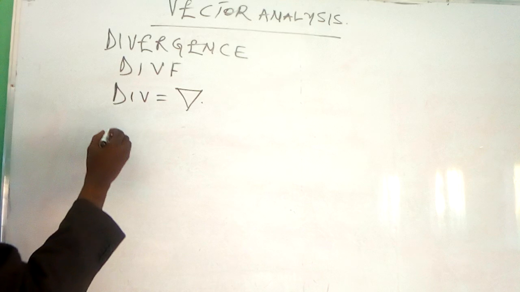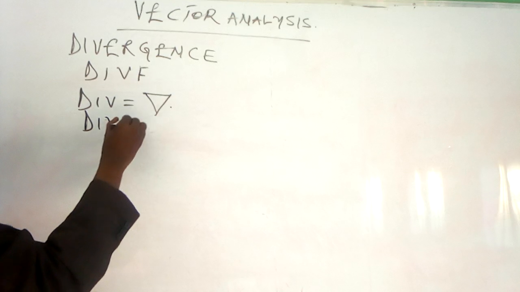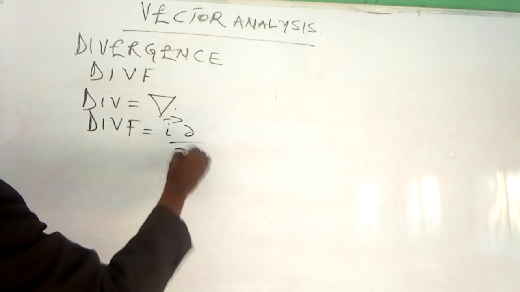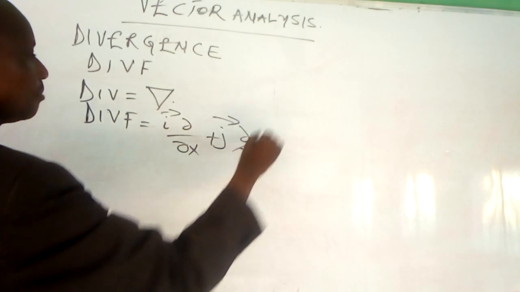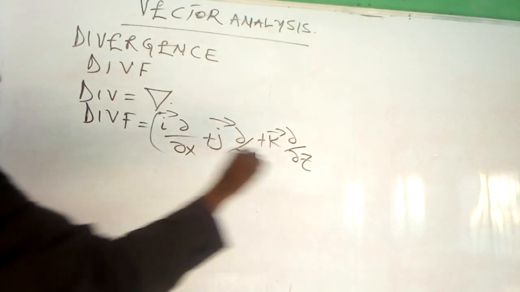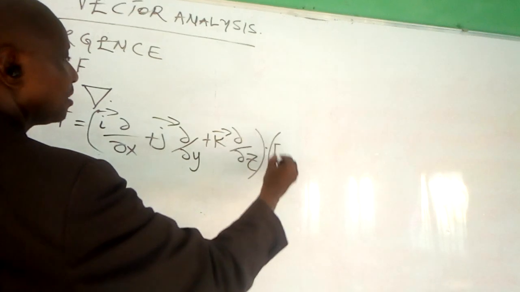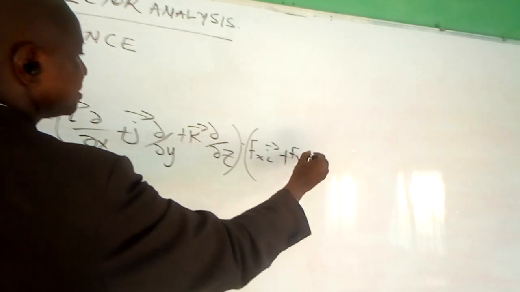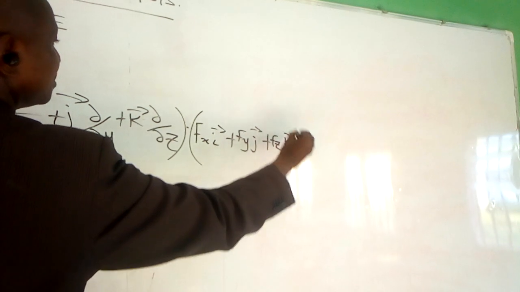By implication, if you are expected to look at div F, divergence of F, this gives us i direction partial with respect to x, plus j direction partial with respect to y, plus k direction partial with respect to z, a dot product with the function F: F along the x-axis, i direction, F along the y-axis, j direction, F along the z-axis, k direction.